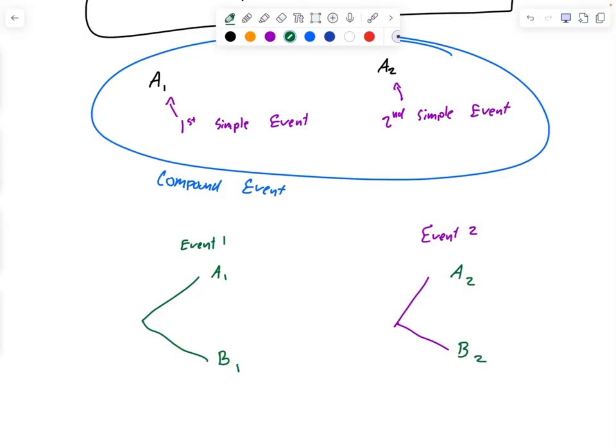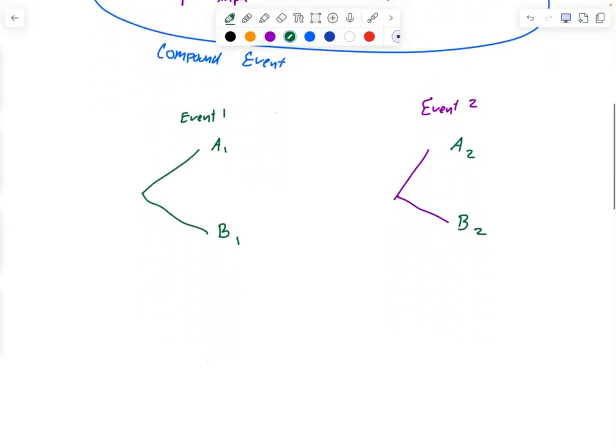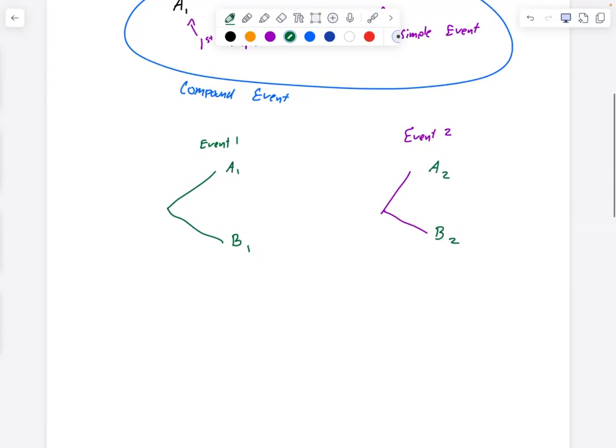The way I drew it, have I drawn it like a compound event though? Does this drawing represent compound? Well, this is kind of showing us the two simple events. So we're going to redraw this now as a tree diagram, another new word, for the compound event.